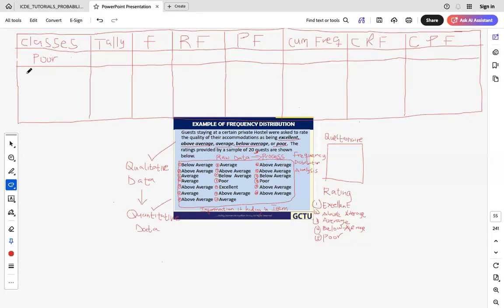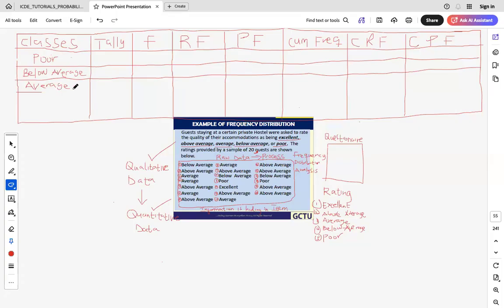Then the second group said the facility was below average. We'll give them the second line. So they take the second line. Then those who said the facility was average in nature, they form the third group.